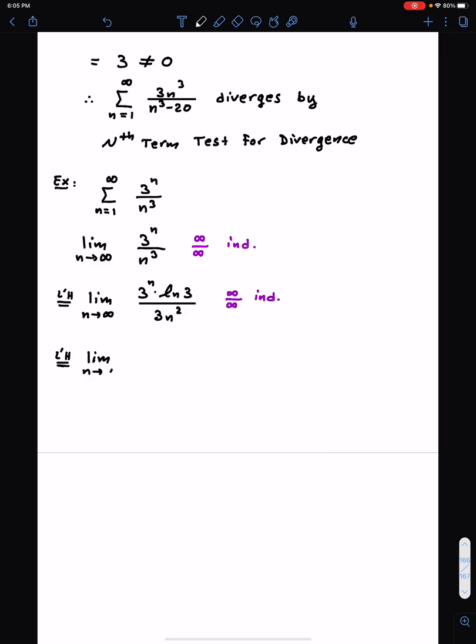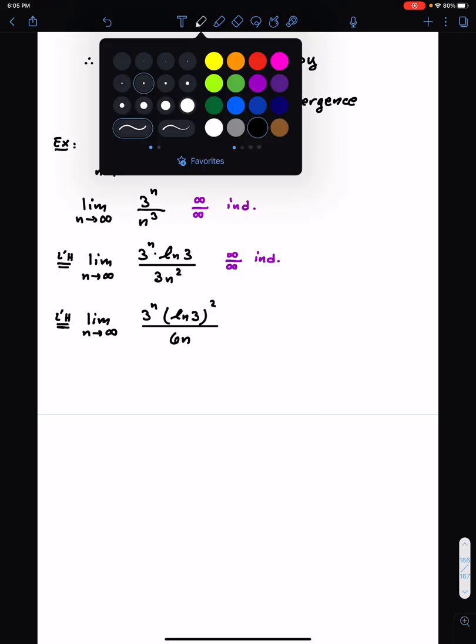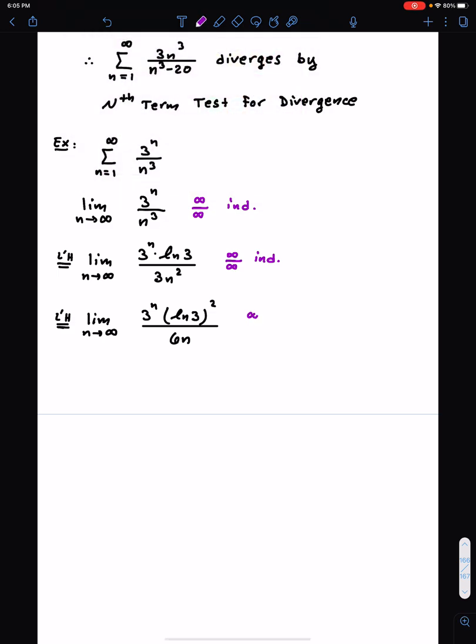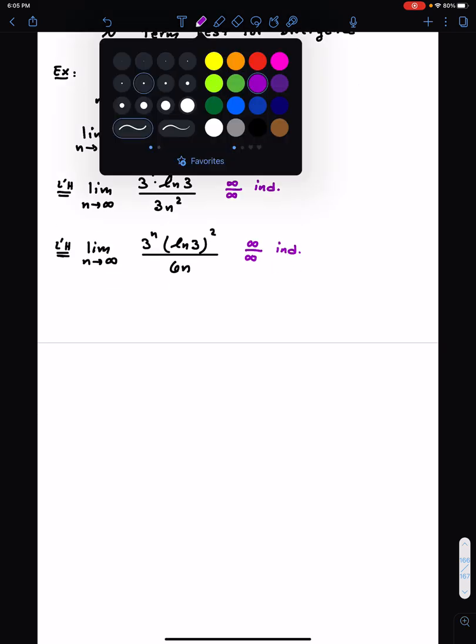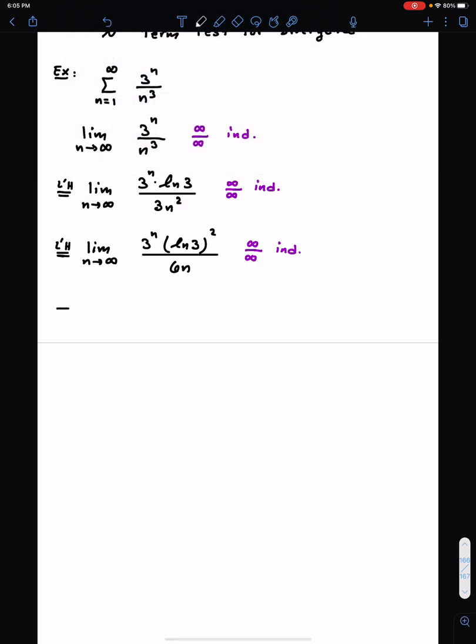Limit as n approaches infinity of 3 to the n, natural log of 3 quantity squared, divided by 6n. If I take a limit, infinity over infinity, which is still indeterminate, so I'll do L'Hopital's rule one more time.